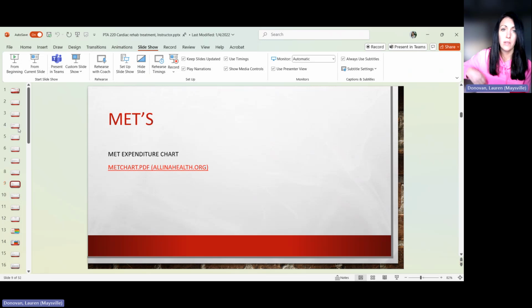Here is also a chart that you can pull up for the MET expenditure chart. It's also in your textbook, which I'm just going to quickly pull up here. You can look it up yourself, but it's in the heart disease chapter, I believe, in O'Sullivan. You should be able to find the metabolic equivalent chart.